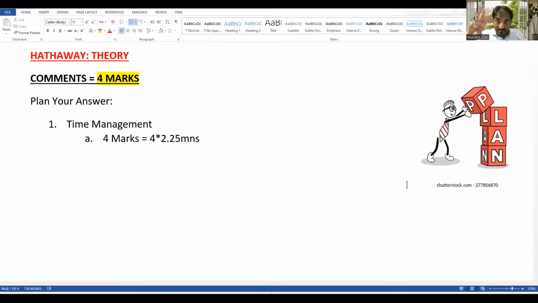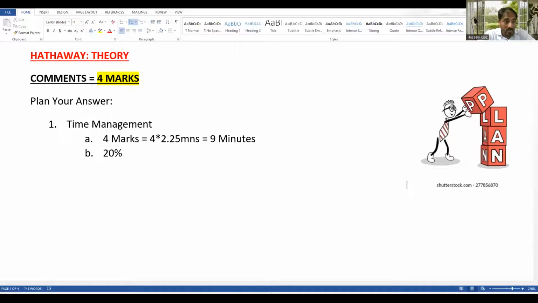You have 3 hours, 180 minutes, and you need to attempt not a 100 marks question, actually technical 80 marks. 20 marks is a part of the technical marks. So you have 80 marks to attempt with the quality called PSM. So actually you have 2.25 minutes for each mark, which means for 4 marks you have 9 minutes.